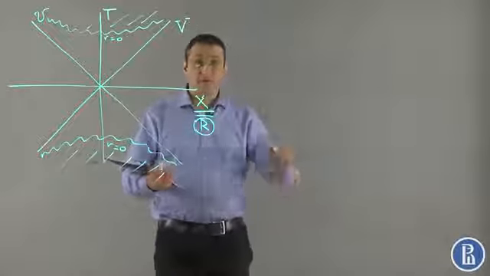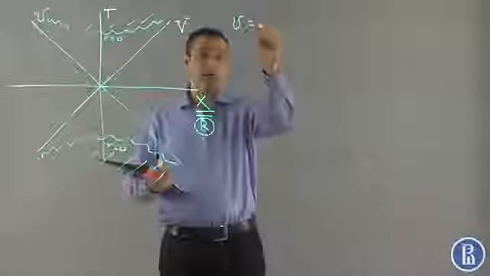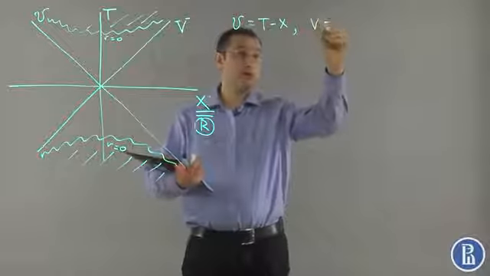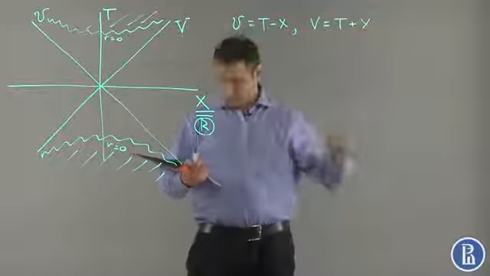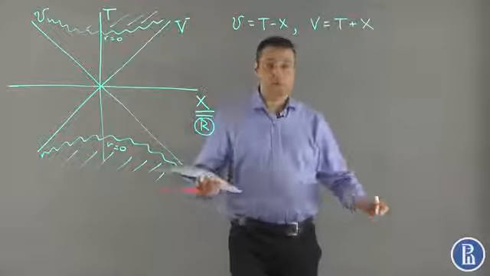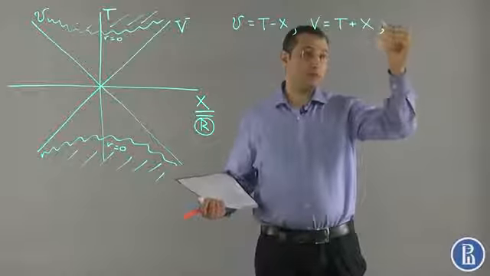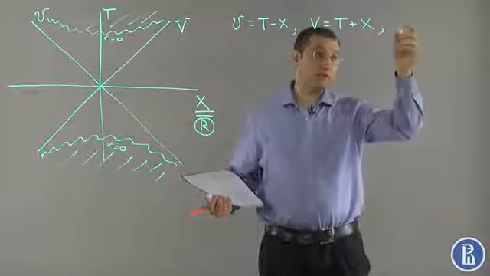We can transform from u, which is t minus x, and v, which is t plus x, to the new coordinates psi and psi, basically with the same transformation as we did for Minkowski space.